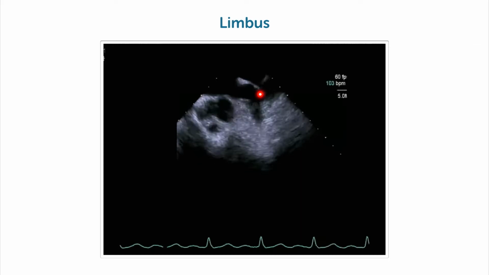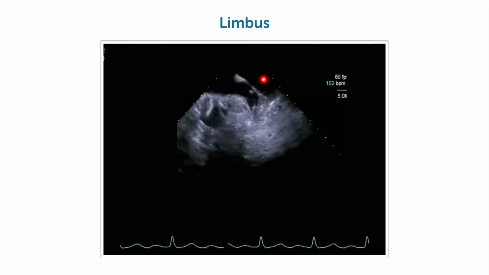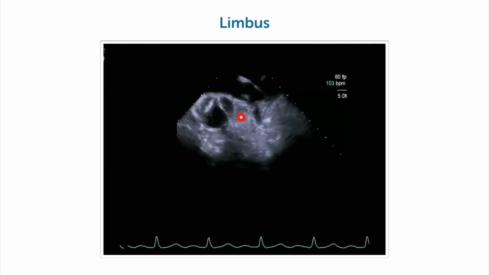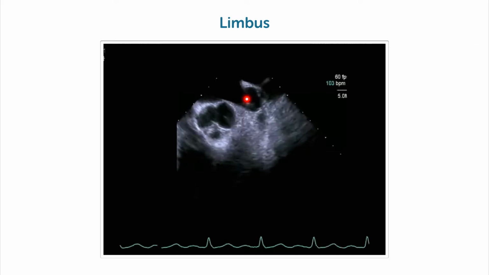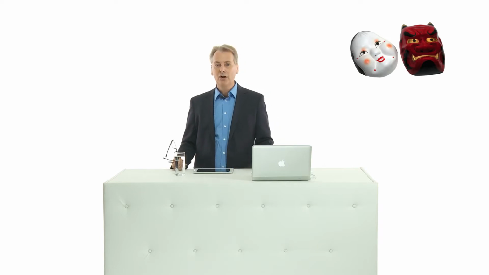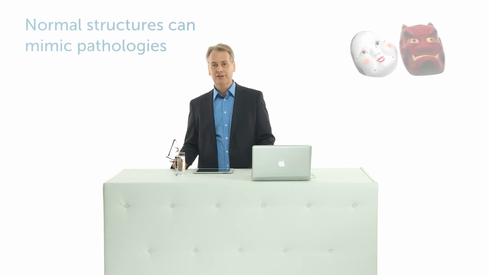The limbus divides the left atrial appendage from the left upper pulmonary vein, and this reverberation from this part of the limbus reflects right down here and appears or mimics a thrombus. Nothing to worry about. So, what is the key message here? First of all, beware that not everything that looks like a pathology is really pathology. Learn anatomy and learn where the pitfalls are if you perform TEE.